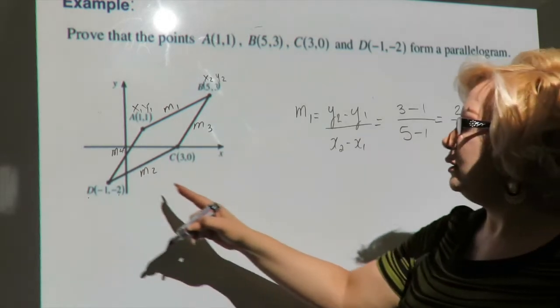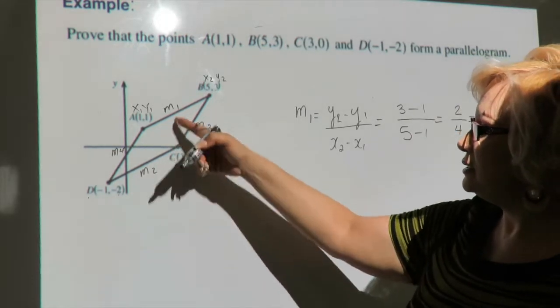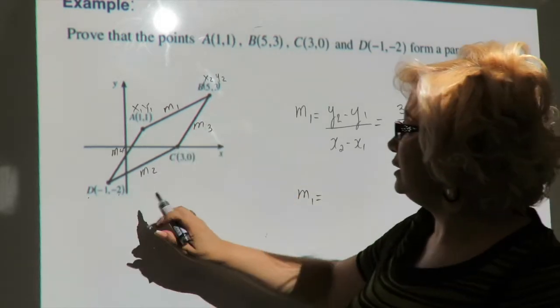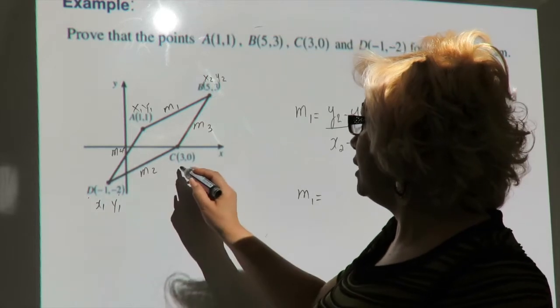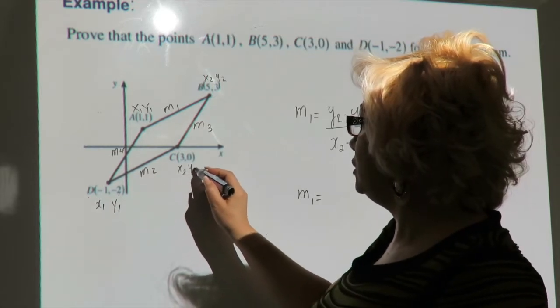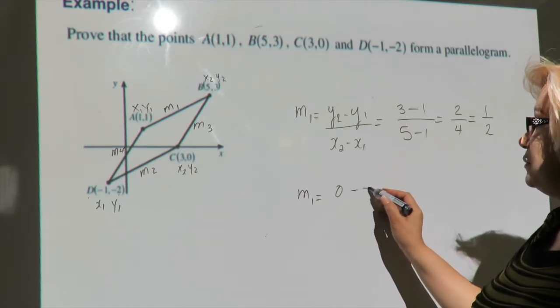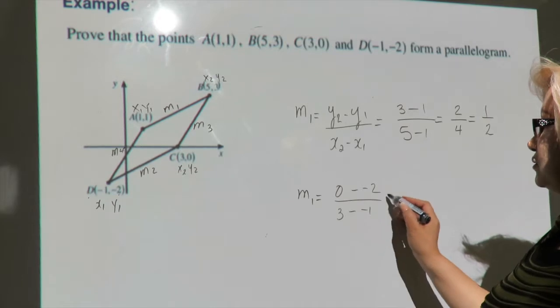Okay? Now, let's proceed to find M2, the opposite side of M1. Let's call this x1 and y1, x2 and y2. So that will be 0 minus minus 2 and 3 minus minus 1.